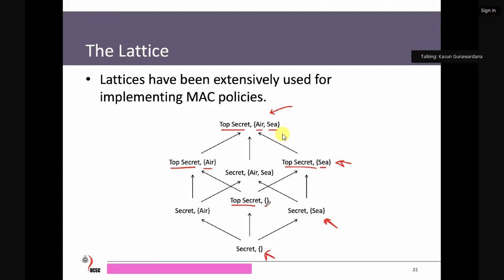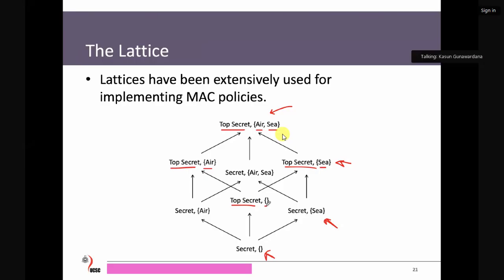So this lattice shows all the possible combinations of resources and their sensitivity levels, right? So this lattice shows all possible cases.